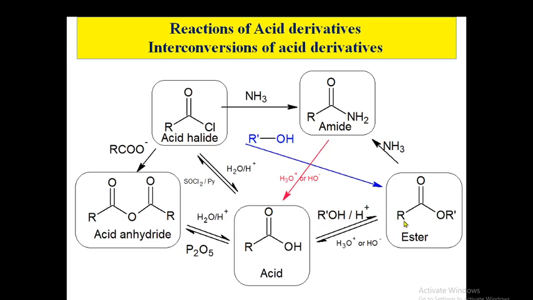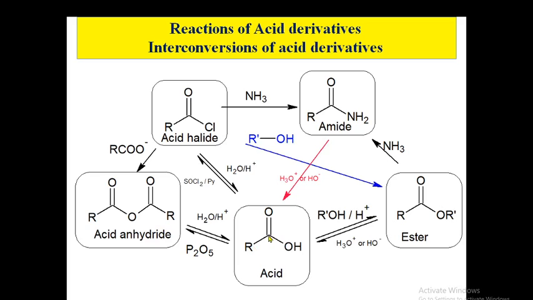The esters on acidic hydrolysis or basic hydrolysis give carboxylic acid back. In this way you can interconvert carboxylic acid into ester, and ester into carboxylic acid.